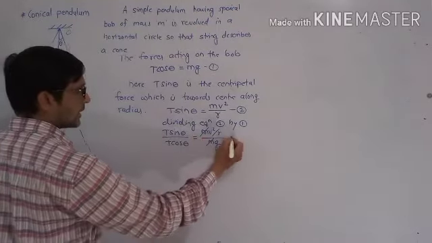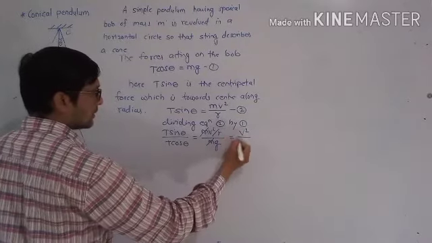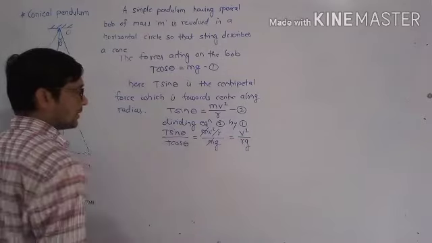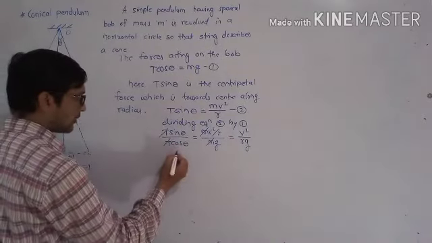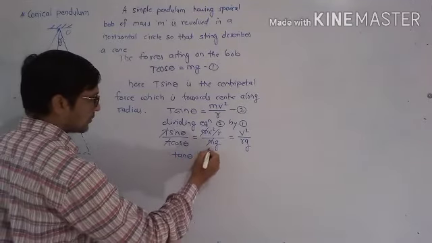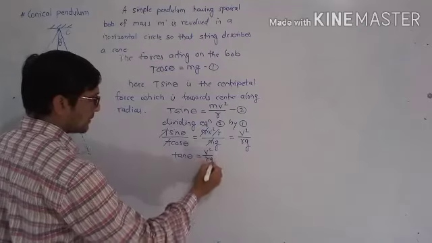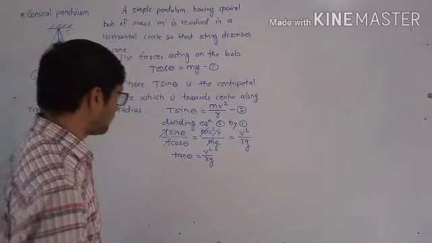So m gets cancelled. It is v square, and r g goes below, v square by rg. The T's cancel, sin theta upon cos theta is tan theta. So tan theta is equal to v square by rg.